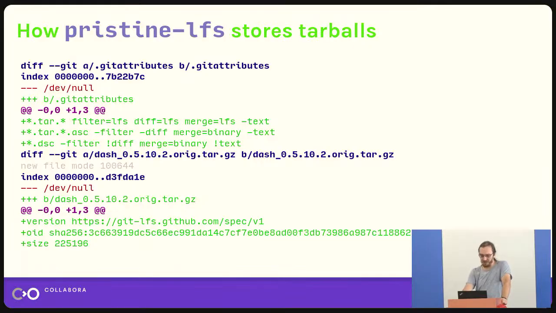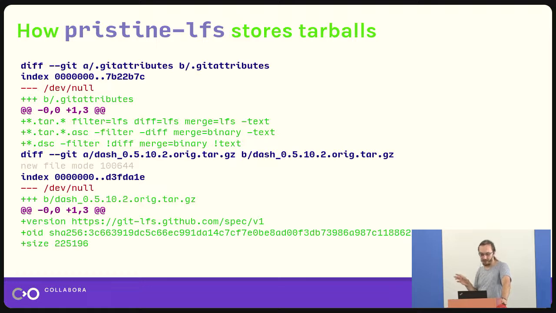So this is how pristine-lfs stores tarballs. As I mentioned, there's a binary storage inside of the Git directory. The binary files are stored there in a file named after the hash of the file, SHA-256.